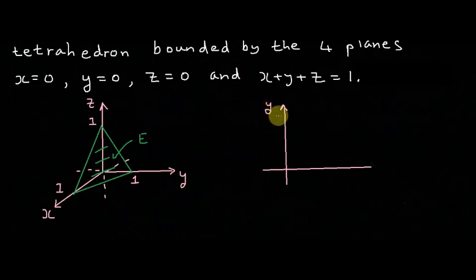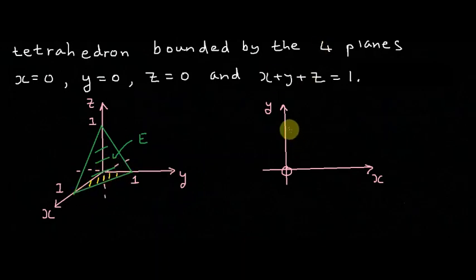So it's in the XY plane. And we're basically looking at this as our projection, this flat area in the XY plane, which is bound by the X and Y axes, as well as this line.